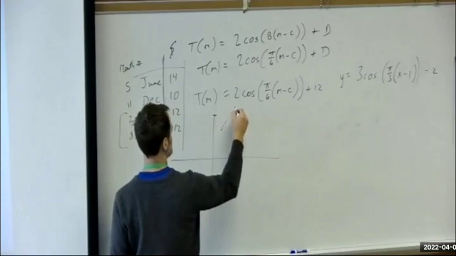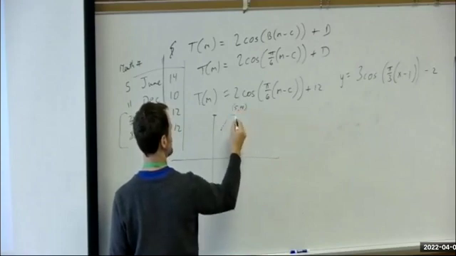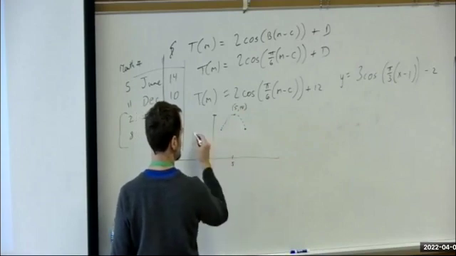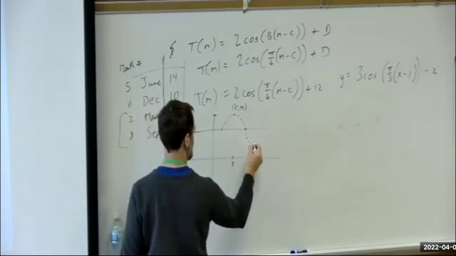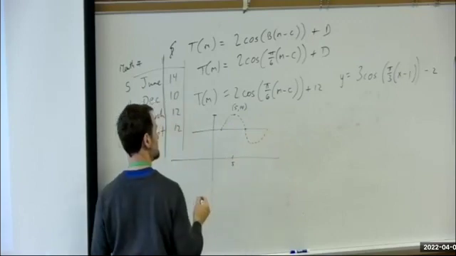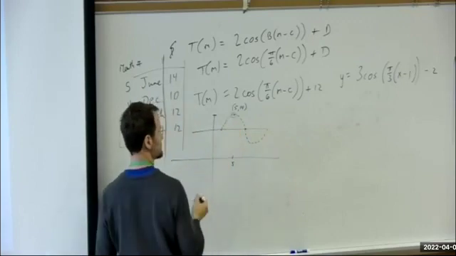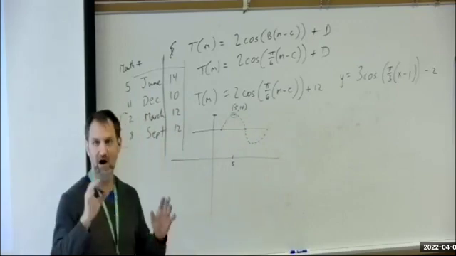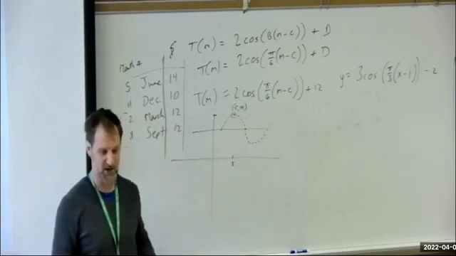Sitting here at 14. Then we're dropping back down. That's our midline again. Then we're dropping down, then we're coming back up. So in other words, this point is critical. It's going to help me think about how much I needed to shift my cosine.